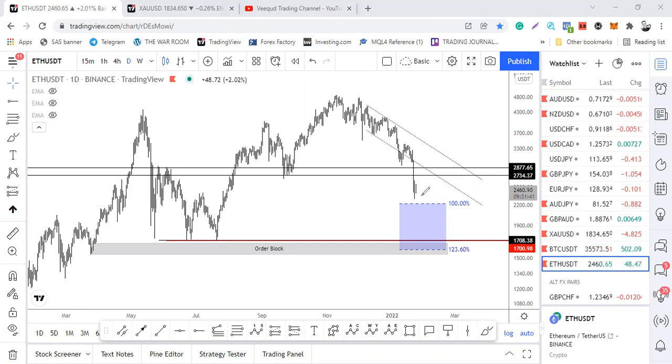So in a shorter perspective, I still believe that based on this structure, we are having an expanded flat. That is, we will most likely trade below the $1,708 area in the weeks or months ahead.